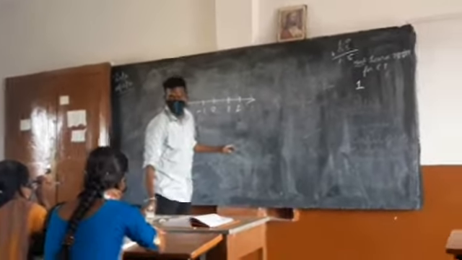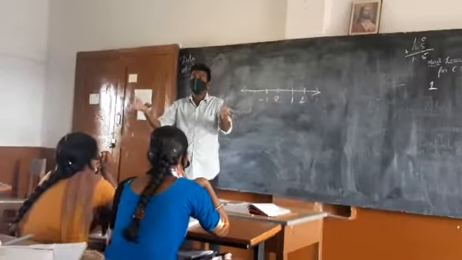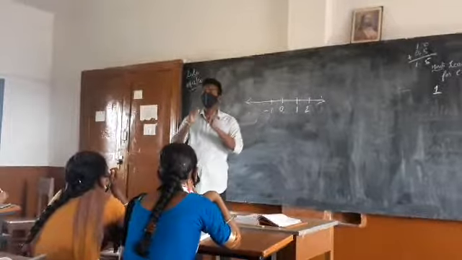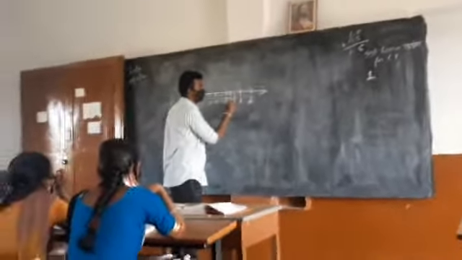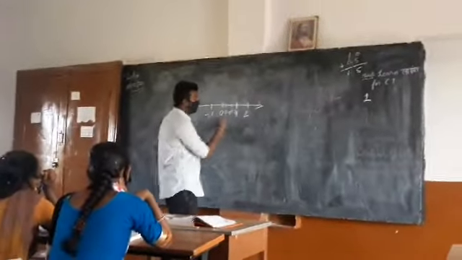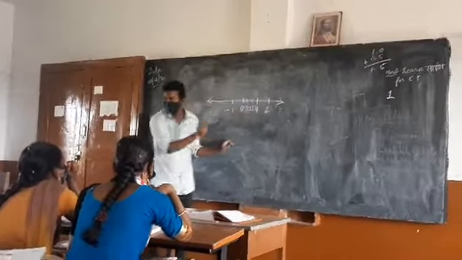So, in that way, many rational numbers are there. Infinitely many rational numbers are there between two rational numbers. Understood? Like we have found 0.1, 0.2. These are also two rational numbers, 0.1 and 0.2.